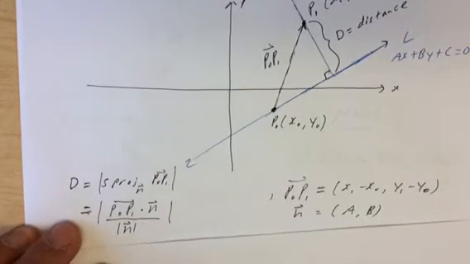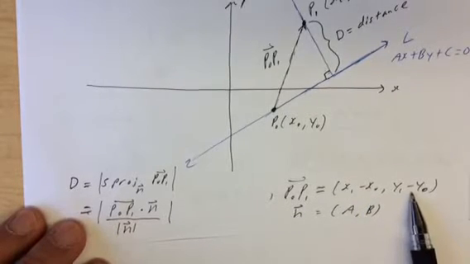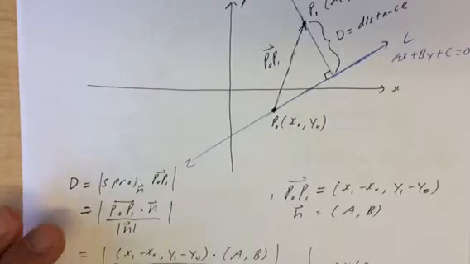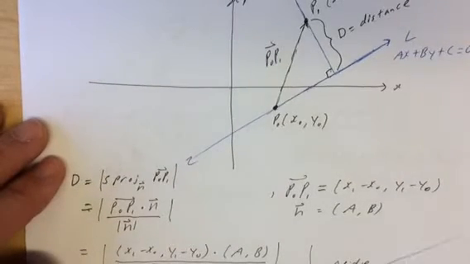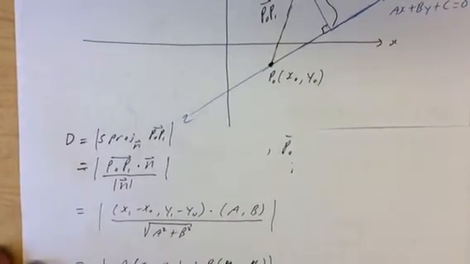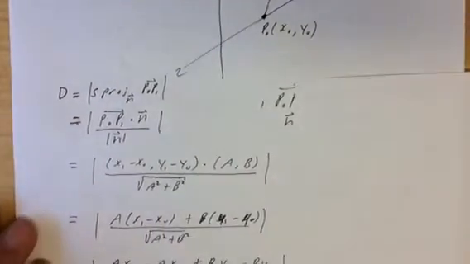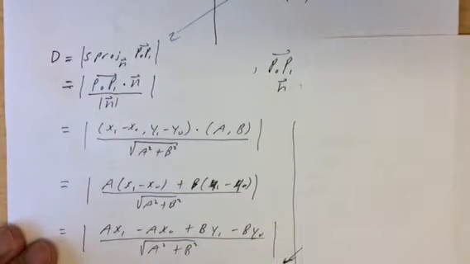P0P1 has these coordinates. Plugging into the formula, (x1 - x0, y1 - y0) dot (A, B), over the magnitude of n, we multiply that out and end up with this nice formula here.